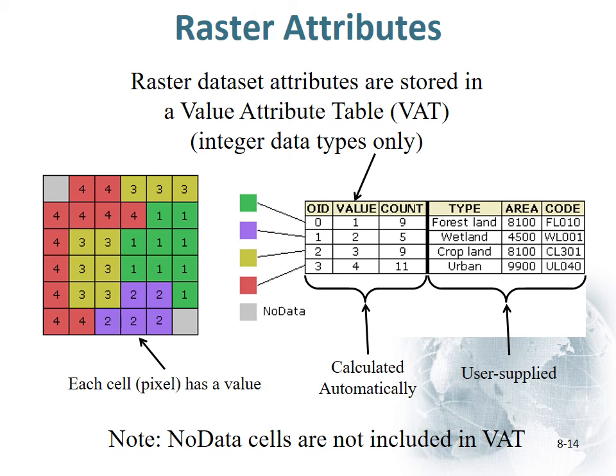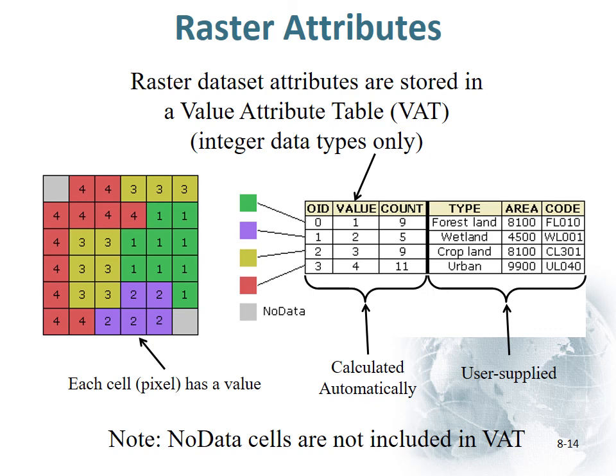So rasters typically have one value contained within the pixels, and those values can be linked to a value attribute table for integer data types only, as the slide points out. So for categorical or nominal levels of measurement or types of information, we can assign other values or other attributes to the raster. So here's an example.